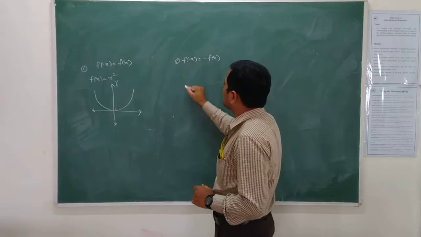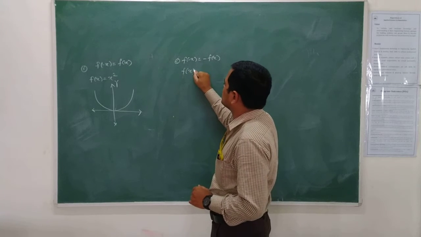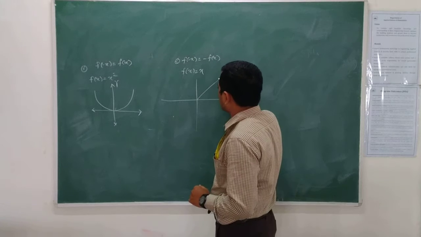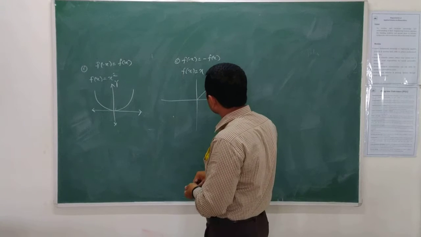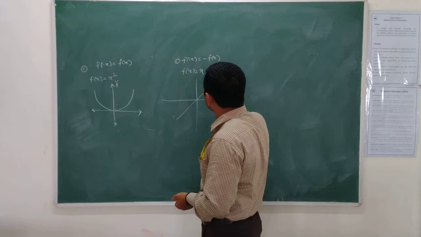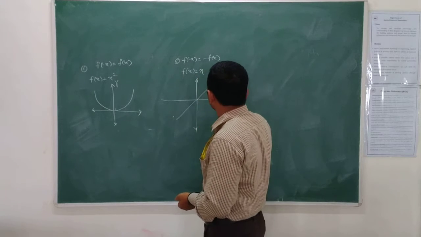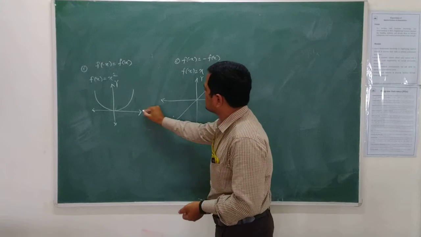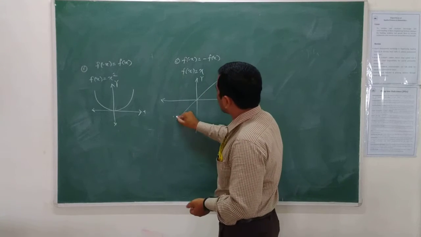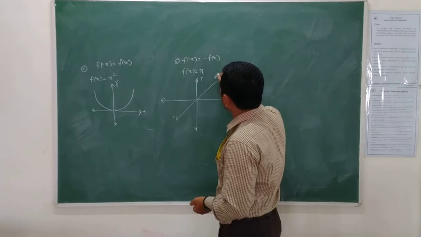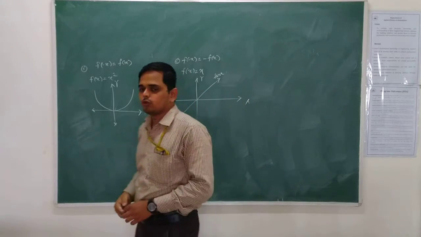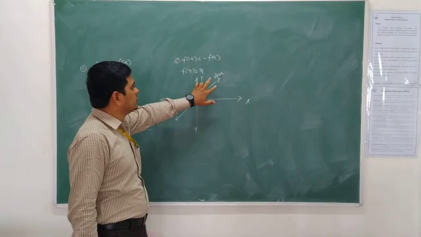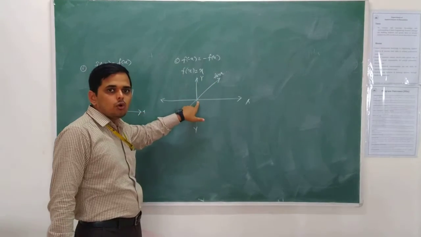Whereas for odd function, we take an example of f of x is equal to x. If we plot its graph, we get a straight line. This is the y-axis, x-axis, and this is our line, f of x is equal to x. You can observe that this straight line has a reflection about the origin.